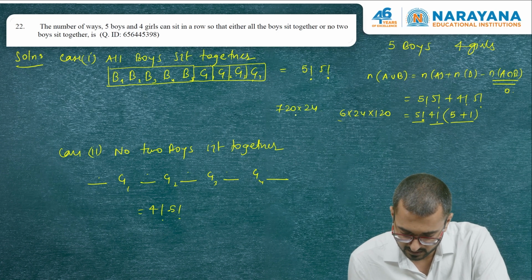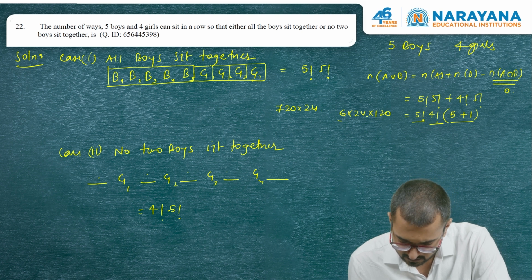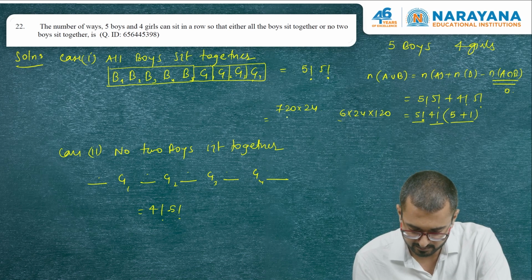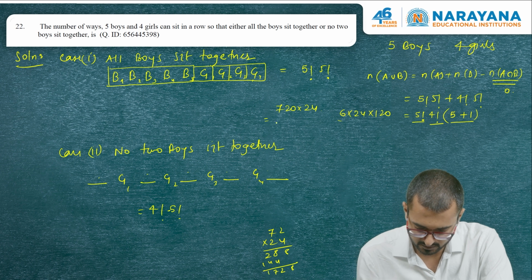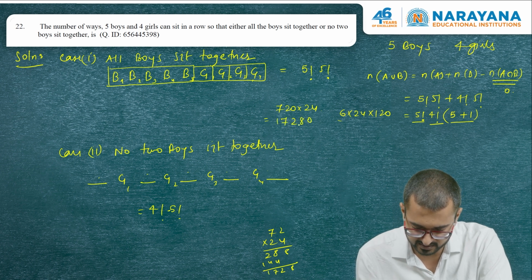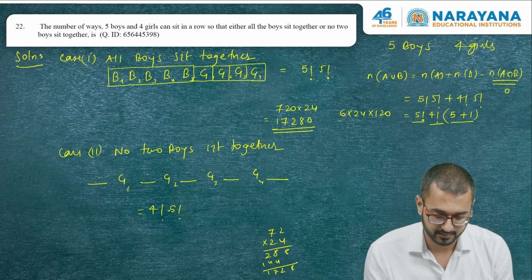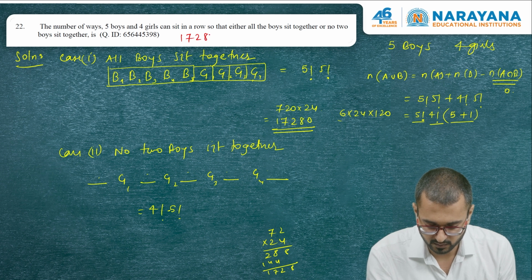So 720 into 24, we can calculate as 72 into 24, and it should be 17280. So the answer would be 17280.